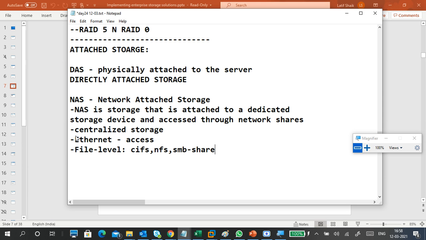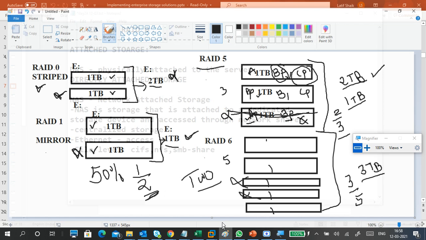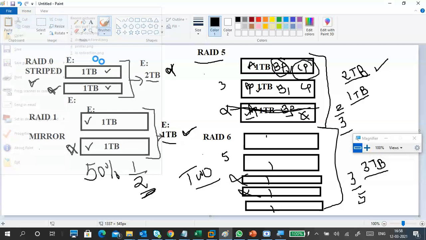NFS is usually used in Linux. CIFS we also use in Linux only. Whether it is Windows type of sharing or Linux type of sharing, it's shared files only. For understanding, I will tell it very simply.